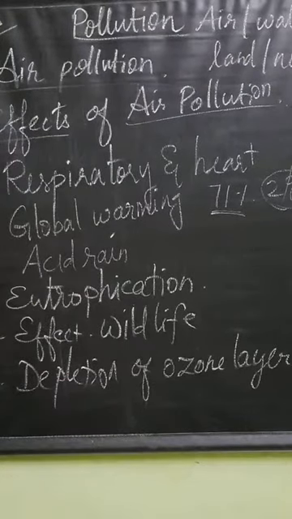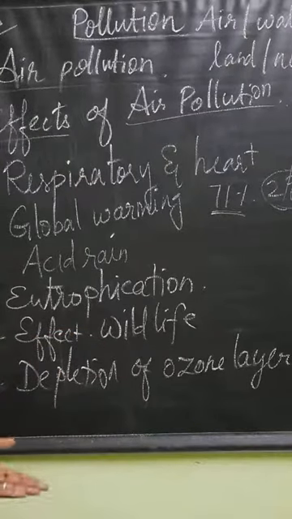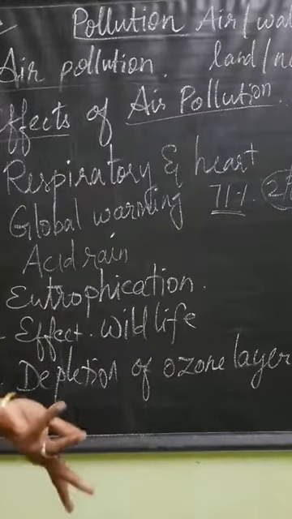So the ozone layer got a hole because of air pollution, the atmospheric adverse changes. So these things also affect the ozone layer. If the ozone layer is affected, what would happen?